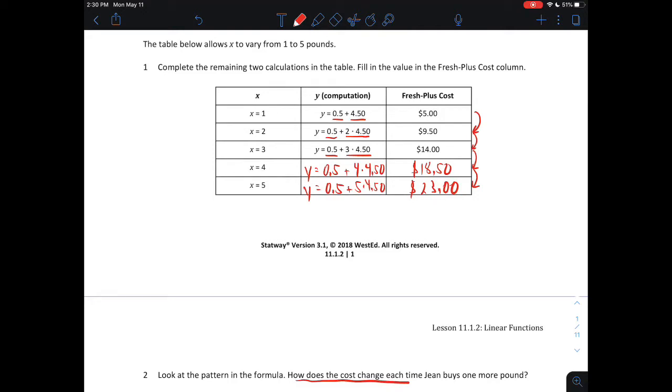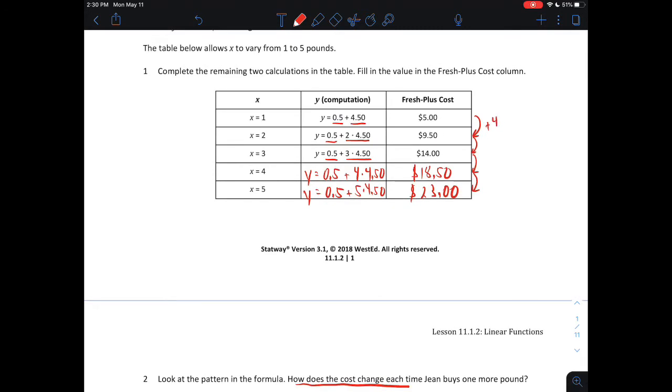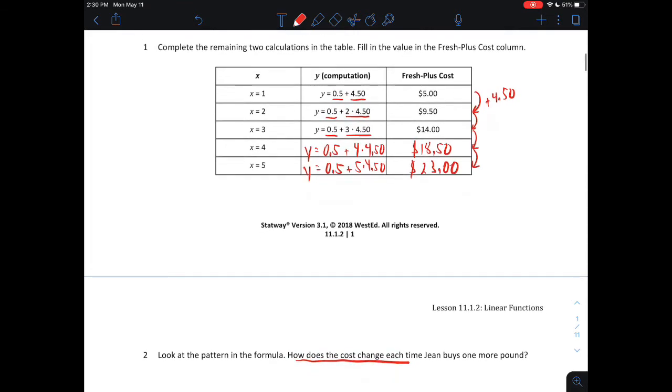How much did it increase from $5 up to $9.50? That was an additional $4.50 because she bought an additional pound of meat, which costs $4.50 more. Then when she went from buying 2 pounds to 3 pounds, that was another $4.50 that was increased.